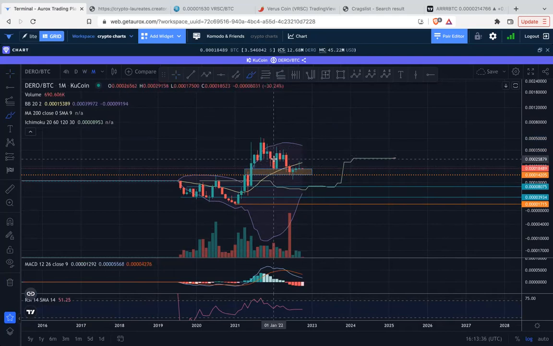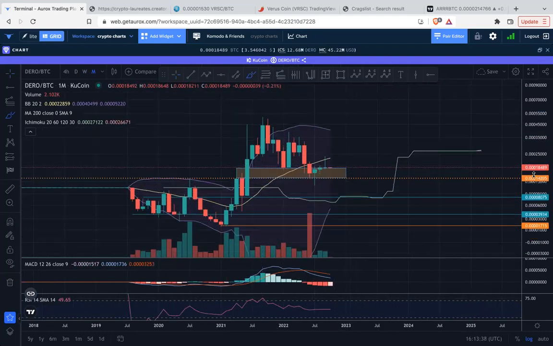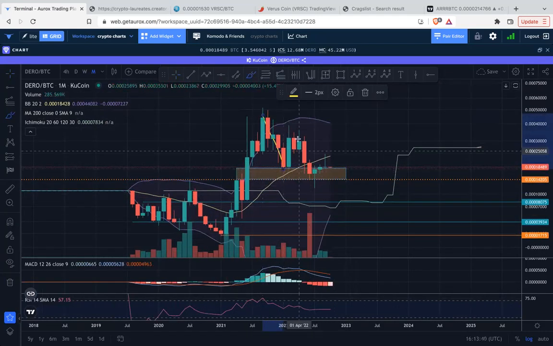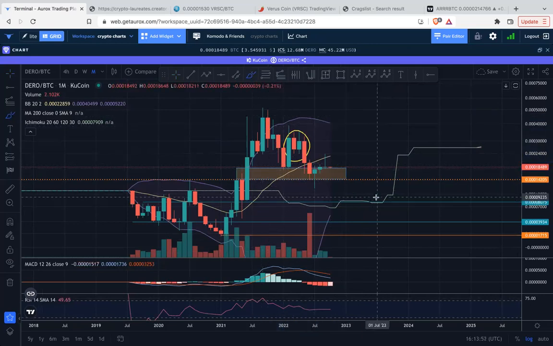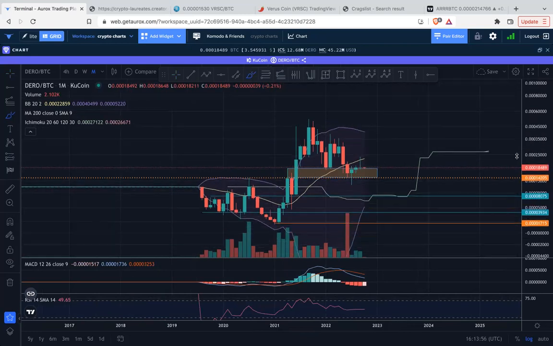Okay, so I see three parts of it. Let's have some fun. I see this part as one down. Then we have this part as the beginning sideways. It breaks down, confirms that it's weak. Then we get this second sideways. And then we'll have our final breakdown that matches this first breakdown. And then we can figure out what comes next.